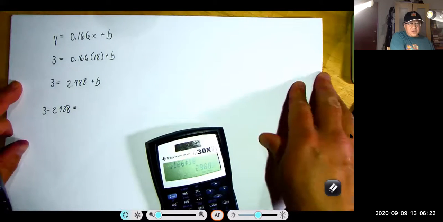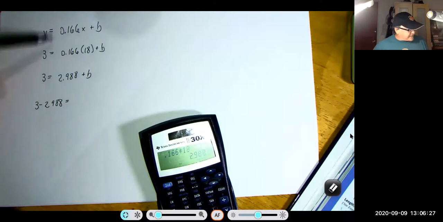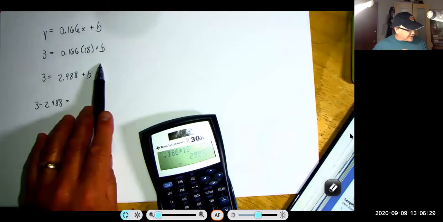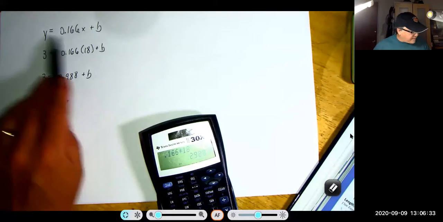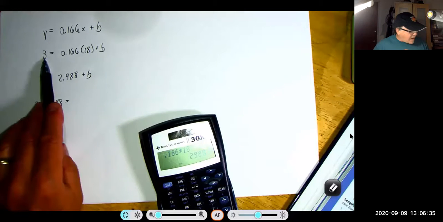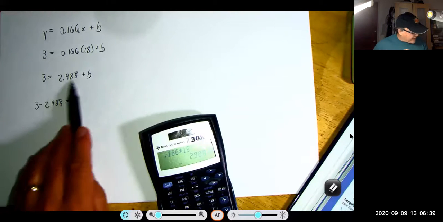Okay, so here, what you're seeing here is the development of this equation step by step by step. So here's the original equation where I'm trying to figure out B. I plug in a Y, I plug in an X. Here, I multiply these two numbers to get that.